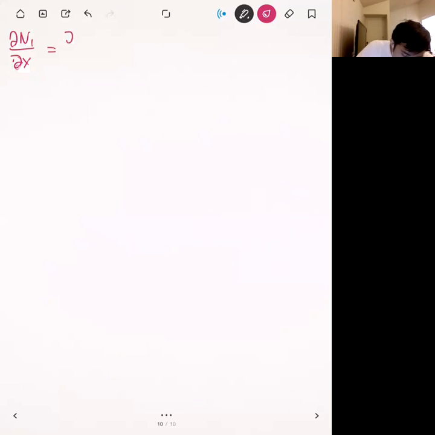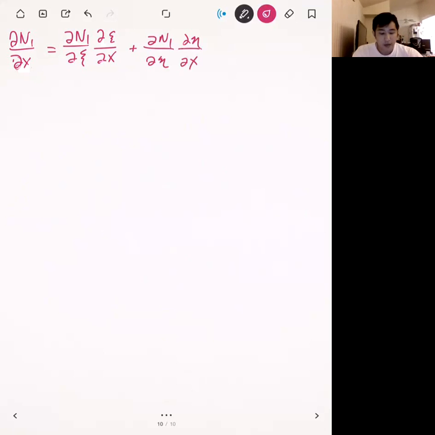So partial N1 partial x can be partial N1 partial xi, which we have, multiplied by partial xi partial x, plus partial N1 partial eta times partial eta partial x. Through this chain rule, we can kind of cancel out these terms, even though it doesn't exactly work like that.